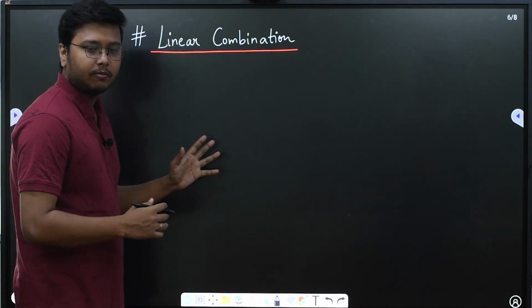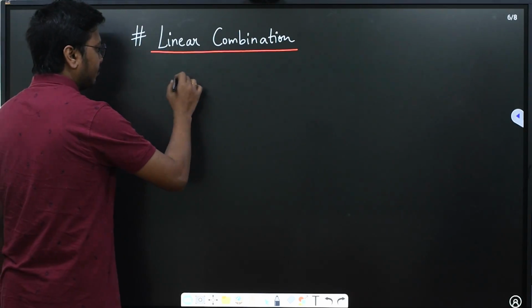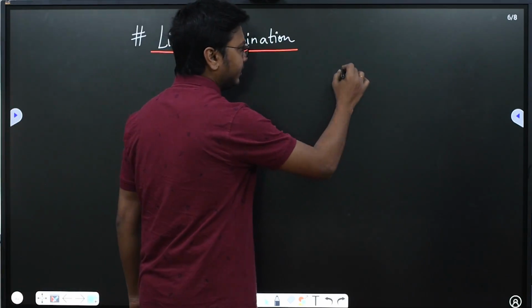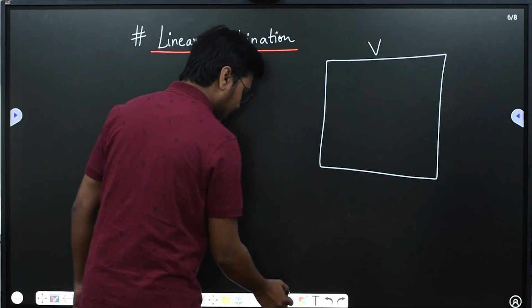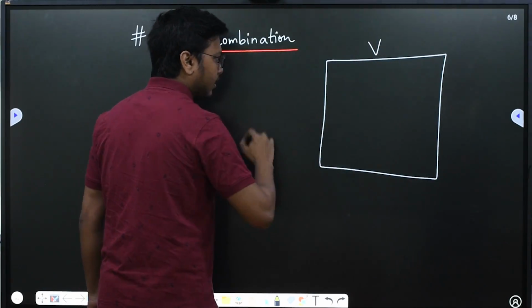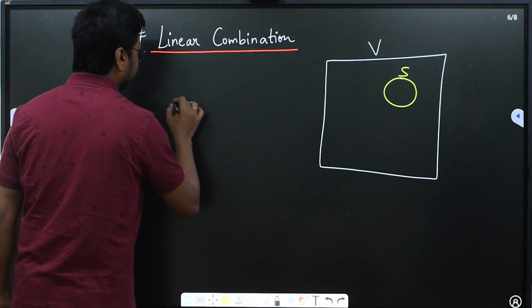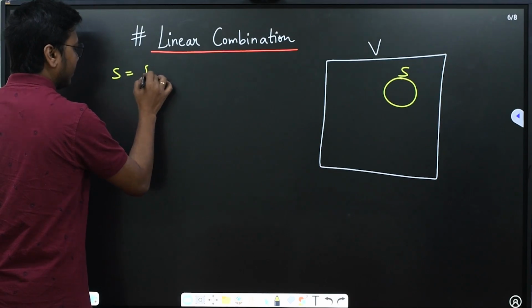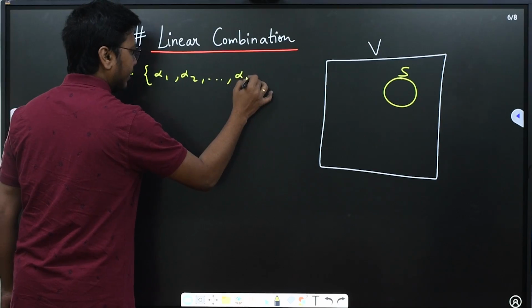So now we will talk about linear combinations. What is linear combination? Suppose I have a vector space which is V and I have a small set which is S, and let's say the elements of S are alpha 1, alpha 2, dot dot dot, alpha n.